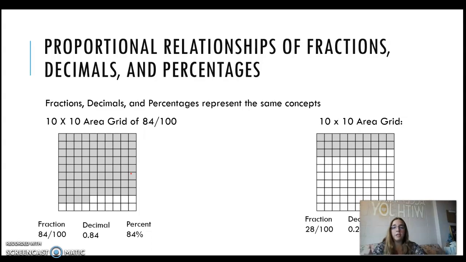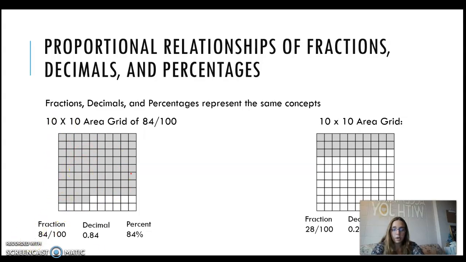In this first example, I walk you through the 10 by 10 area grid of the fraction 84 over 100, and we can see that 84 of the squares are filled in.